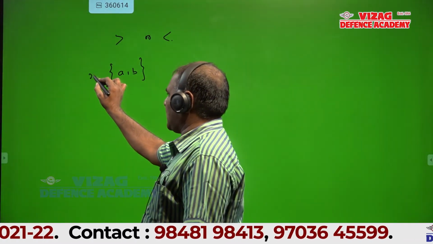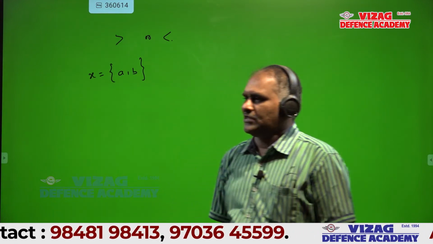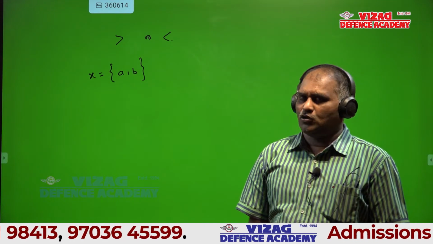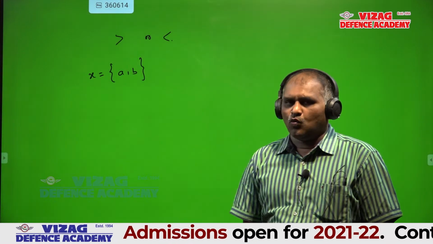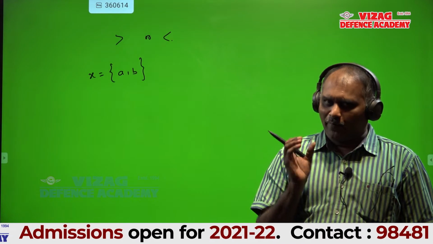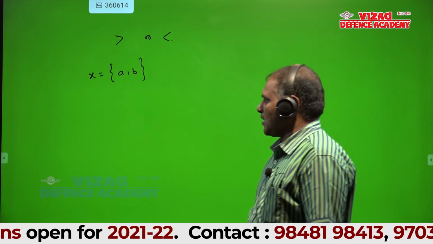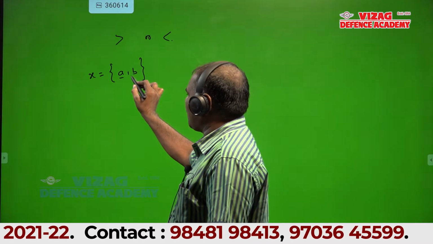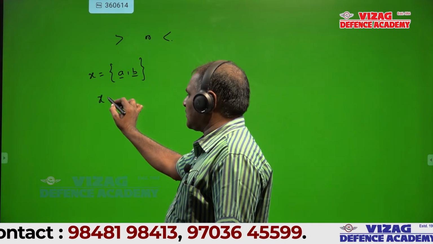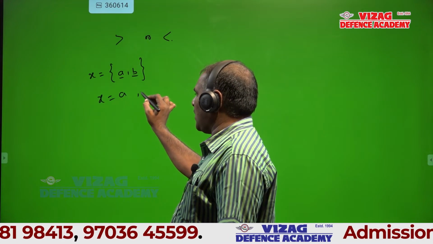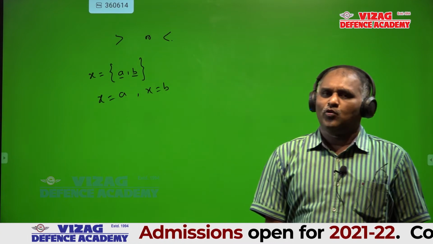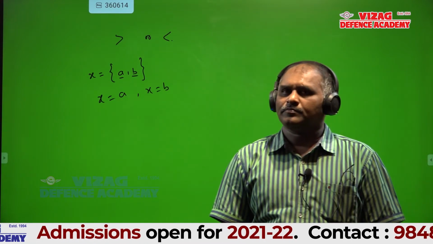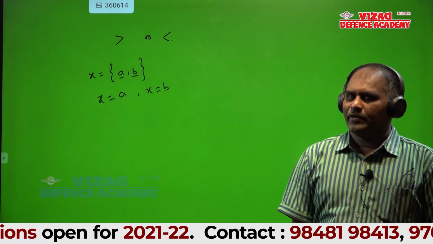Here x is equal to curly brackets of A comma B. These brackets mean only these values happen. That means x is equal to A, x is equal to B. Any doubt about this point? Anyone?